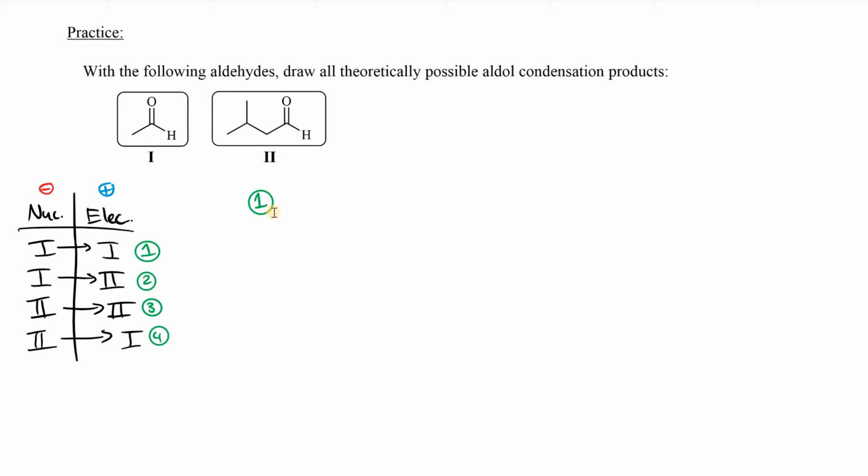So let's look at forming compound 1, the condensation from compound 1. Now before we do anything, we need to draw out the 2 components for the aldol. We need to draw out the nucleophile and electrophile. So let's draw acetaldehyde twice. Arbitrarily, the right one is our nucleophile, and the left molecule is our recipient, the electrophile.